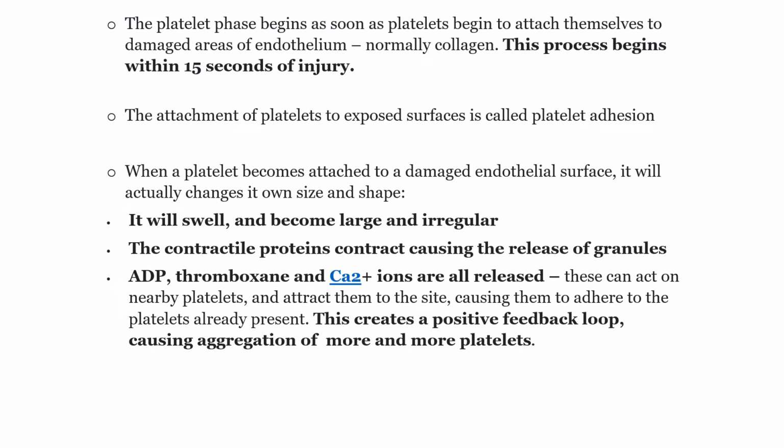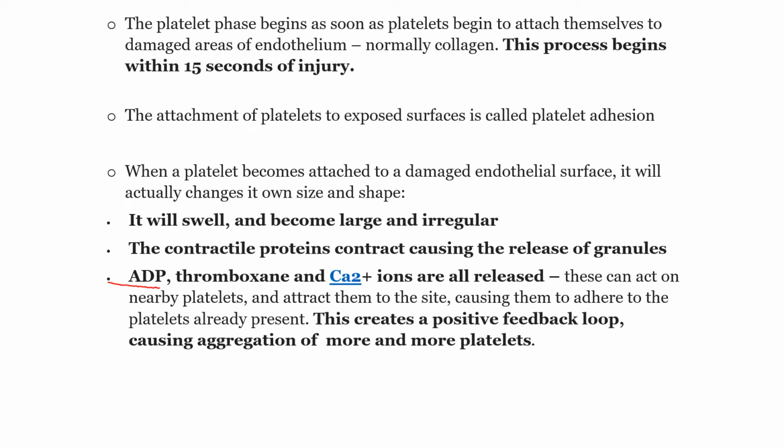But this will lead to primary hemostasis, a primary clot. Is it a stable clot? No, it's not a stable clot. Why? Because in this state you don't have production of fibrin, so platelets are not sticky to each other. But this will prevent blood loss, at least initially.